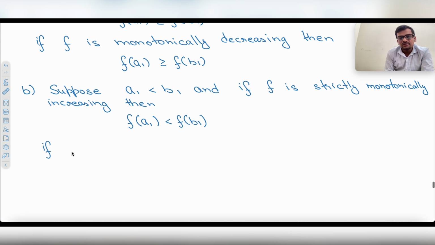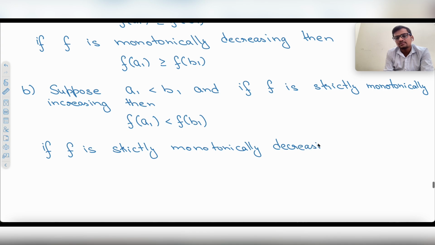Now if f is strictly monotonically decreasing, then the strict inequality will change to another strict inequality, that is if previous is less than, then it will be greater than, right?